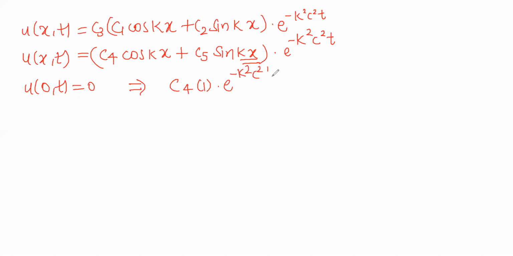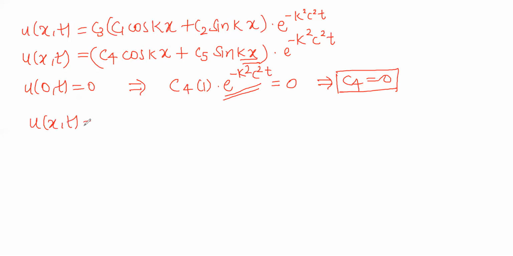This quantity will be equal to 0, and as I told you, this exponential will not be 0 unless t tends to infinity. So basically c4 is 0. When c4 is 0, our equation boils down to u of x,t equal to just c5 times sine kx into e power minus k square c square t.